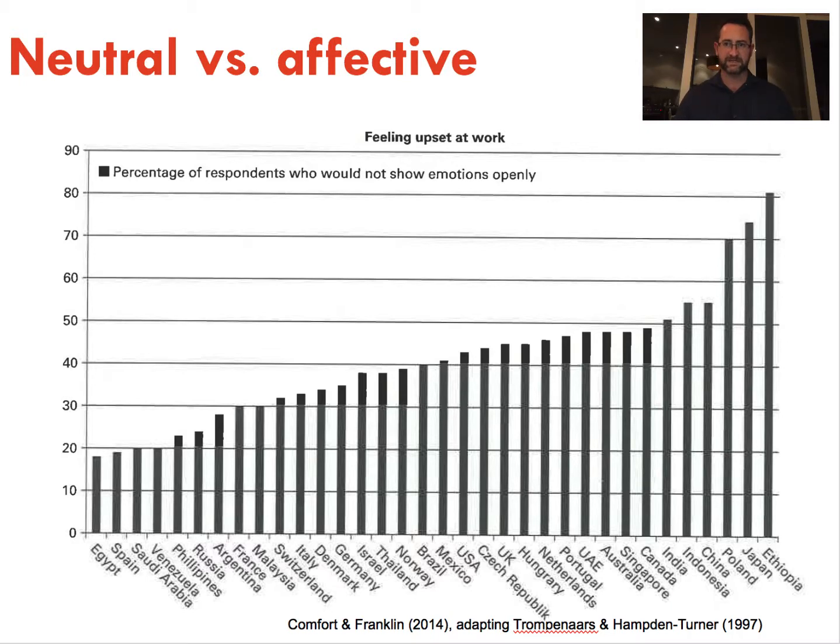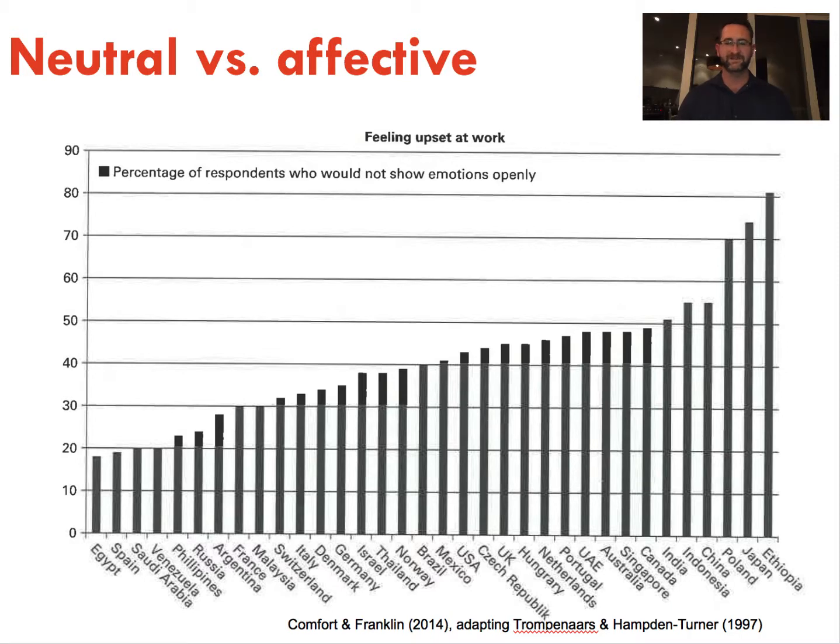Basically, we're looking at, is it okay to feel upset at work, or is it okay to display emotions generally? At one end of the scale, we've got Ethiopia, Japan, Poland, China, where it's not okay to show emotions. Right up the other end, we've got places like Egypt, Spain, Saudi Arabia, Venezuela, Philippines, where it's actually okay to express emotion.